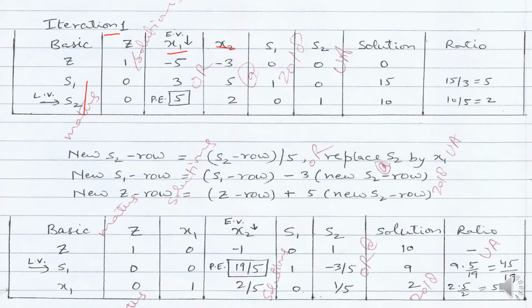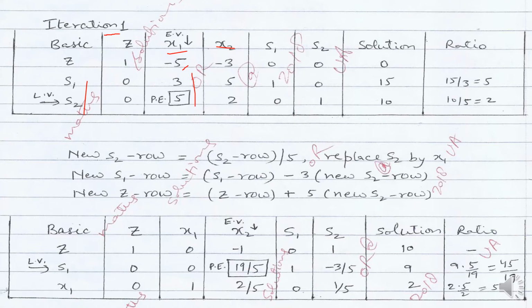So after doing this, we got this first table, starting table, which we have called iteration 1. We find out the most negative value in z row, because this is the maximization problem. So coefficient of x1 is minus 5, which is most negative. We got the pivot column, this column is pivot column.